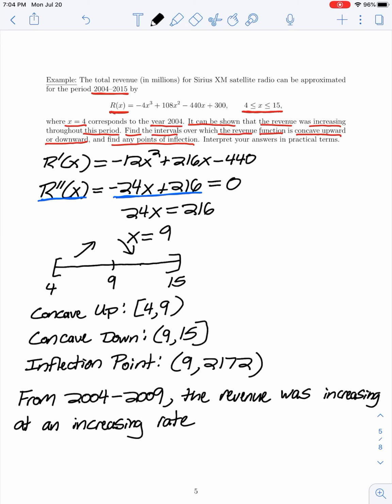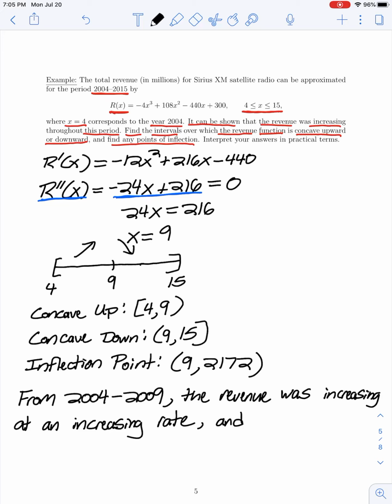So recall, the second derivative measures the rate of change of the rate of change of our function. So our revenue was increasing, and since the curve was concave upward, the second derivative is positive. That means it was increasing at an increasing rate.